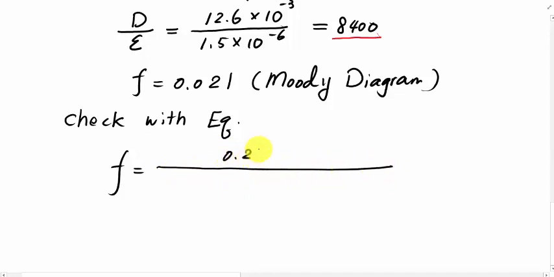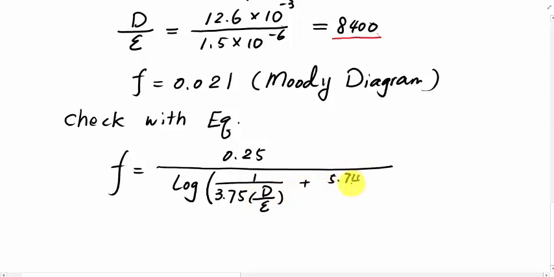So f equals 0.25 over log of the quantity 1 over 3.75 D over epsilon plus 5.74 over Reynolds number to the power of 0.9, close bracket, and all together you have to square this, so that's what we have.